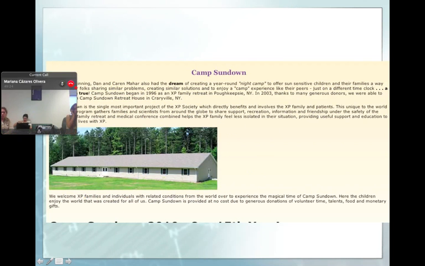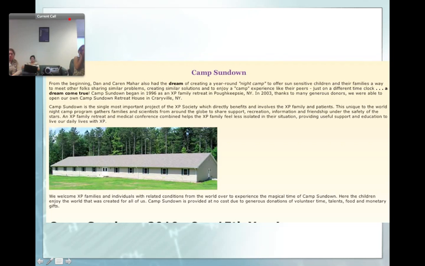I thought I would show you this thing called Camp Sundown that they have here in New York. This is for kids with XP, and they do everything at night. All of their activities are in the evening.